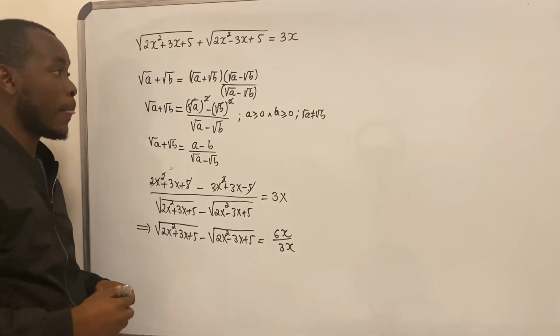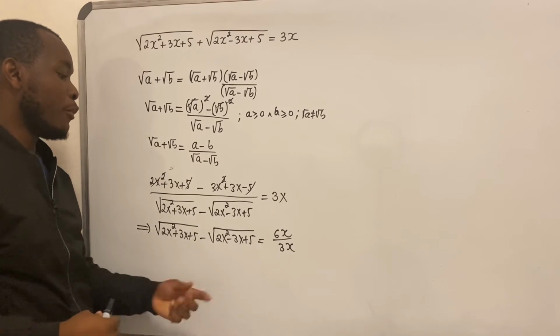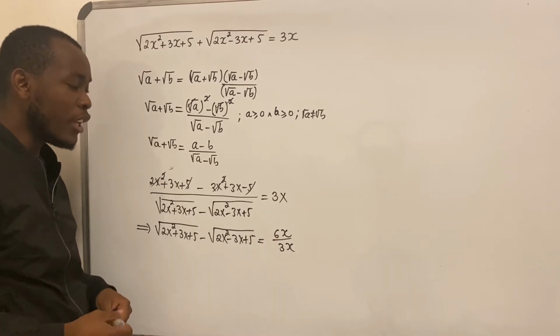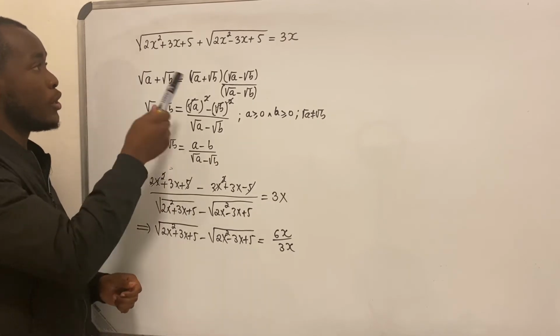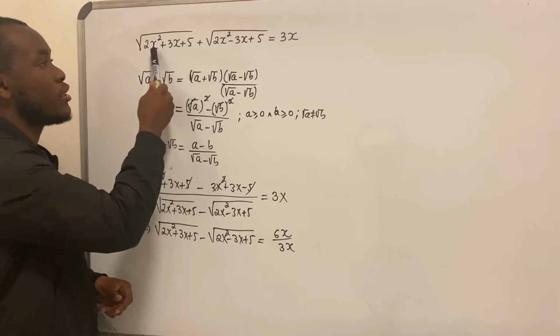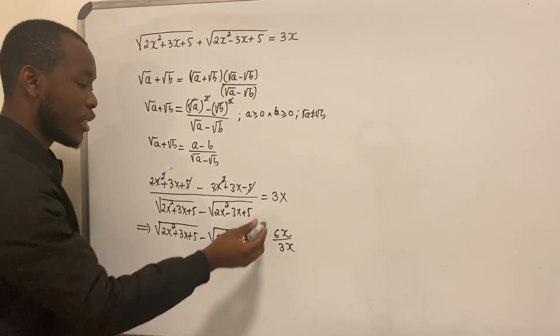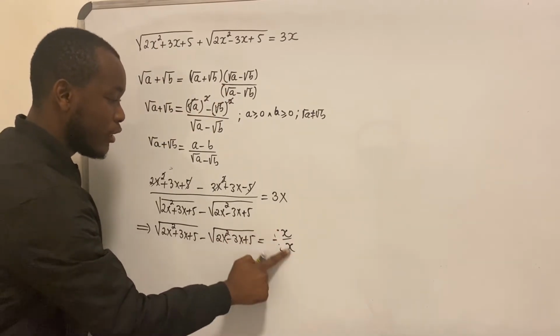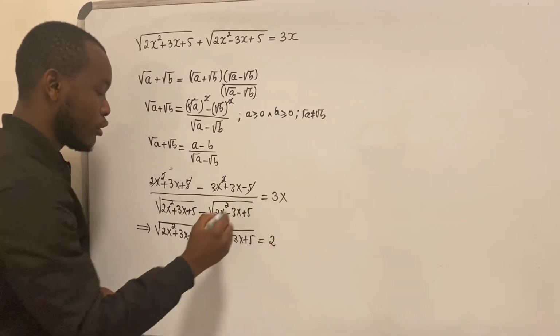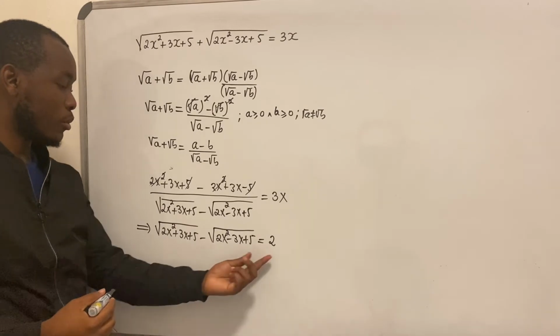All right. Okay. So if we cross multiply and factorize, x to be 0, we saw that x does not verify our equation, because x equal 0 will never verify. So we can simply simplify x, and this will be equal to 2. Okay, so we have this expression now equal to 2.